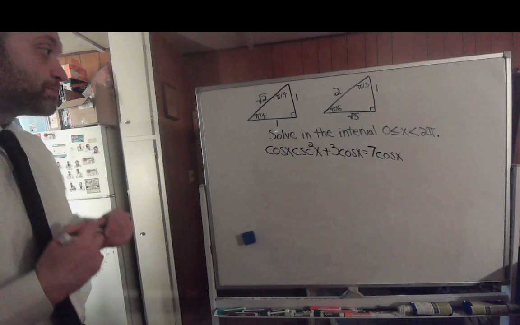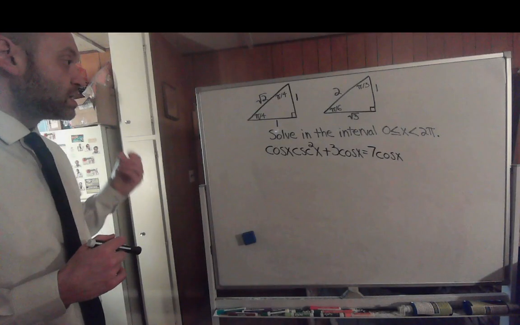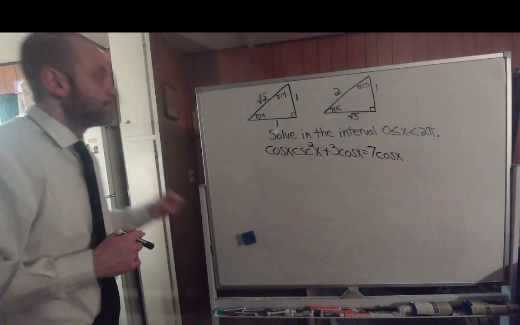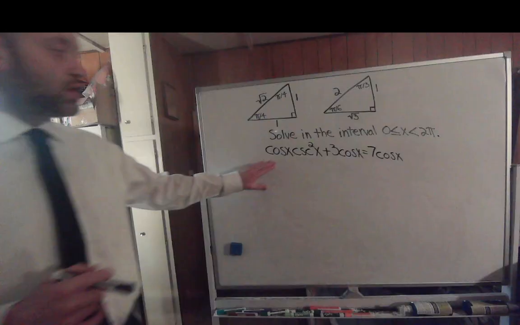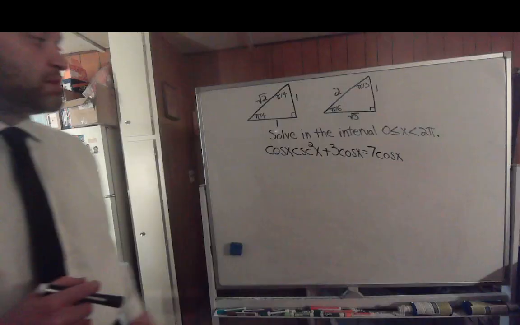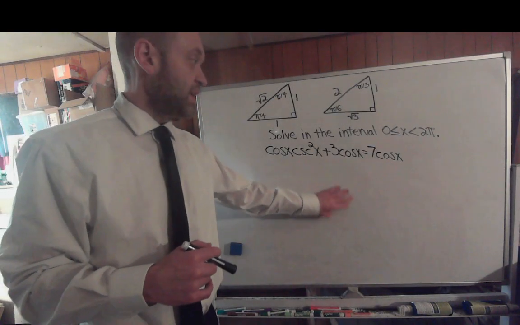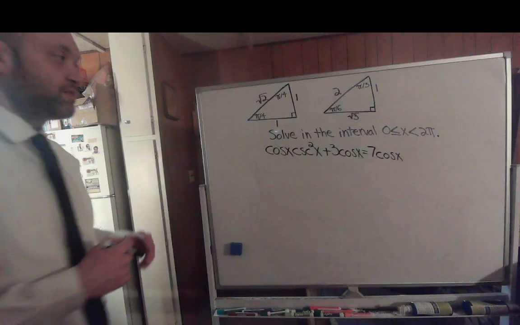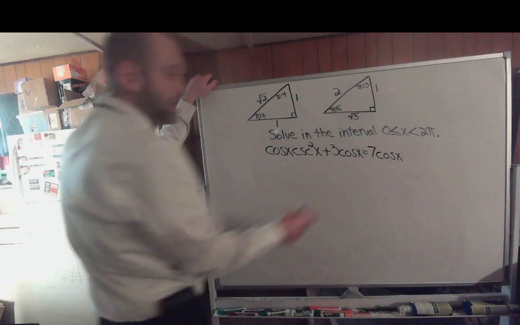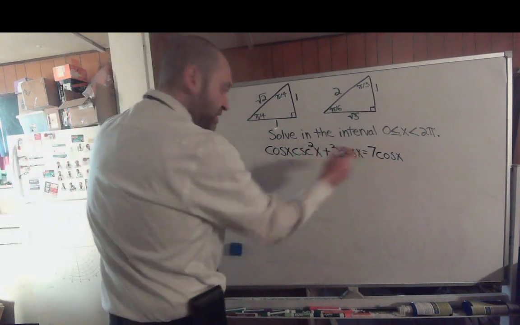All right. So we got the cosine of x times the cosecant squared of x plus 3 times the cosine of x equals 7 times the cosine of x. Well, let's get rid of that cosine of x term out of the right-hand side, make that equal to 0.